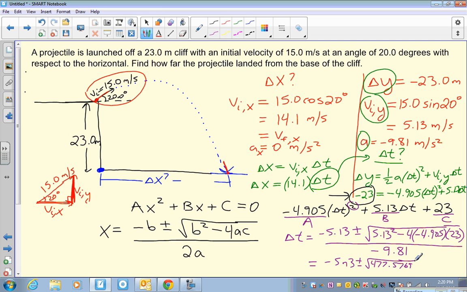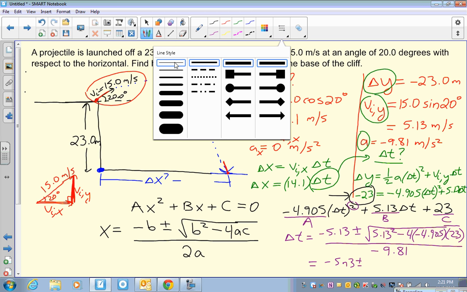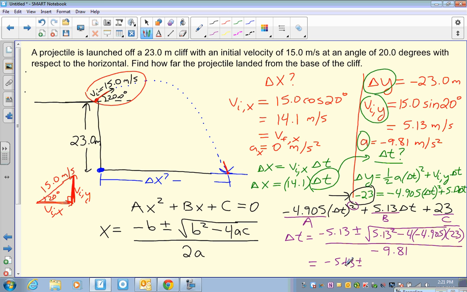Some of you may have jumped ahead and done the square root of that. So say you typed in square root of all that stuff. You actually end up getting, and if you didn't do that, you can do second square root, second answer to get 21.85. So if I take care of sig figs, that would be really 21.9, all over negative 9.81.